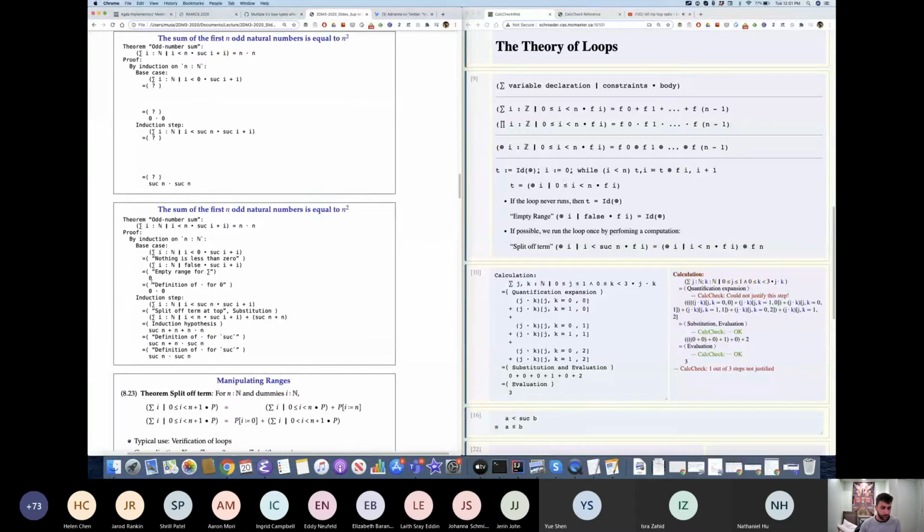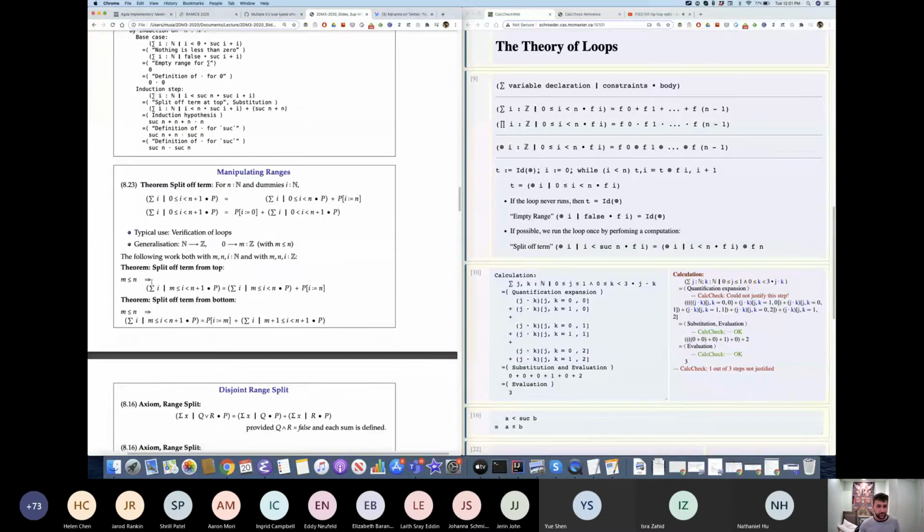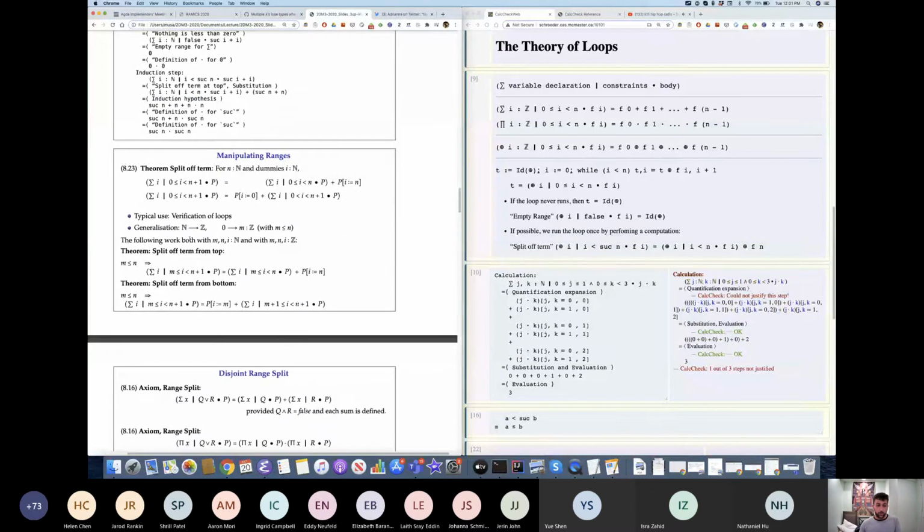This looks very similar to our proof, so I won't walk over it. Later we'll get, so right now we're working over the natural numbers, but later we'll get to the integers. And now there's a proviso, right? Instead of being 0, we consider an arbitrary integer m. And of course, for this to be not empty, right? Remember right here, it says if possible, right? If it's possible, right?